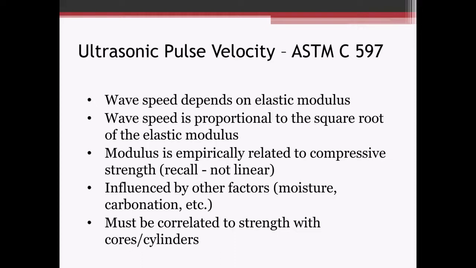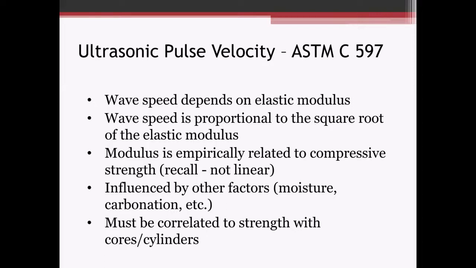And again, like these other methods, you've got to correlate it with cores or cylinders. A lot of people think, if you've got to take cores, why are we doing these, the Rebound Hammer or Windsor Probe or stuff like that? Maybe you've got a large project, a large area to cover, and you just don't want to take 20 or 30 cores out of a whole bunch of different walls.